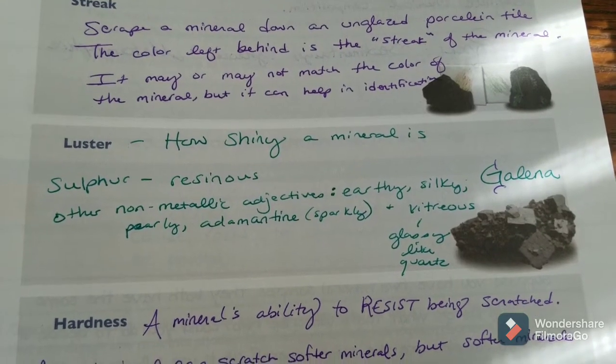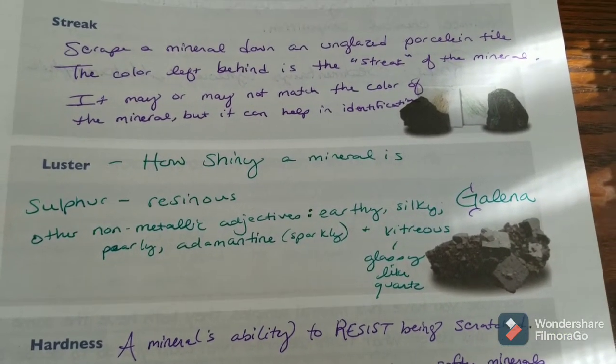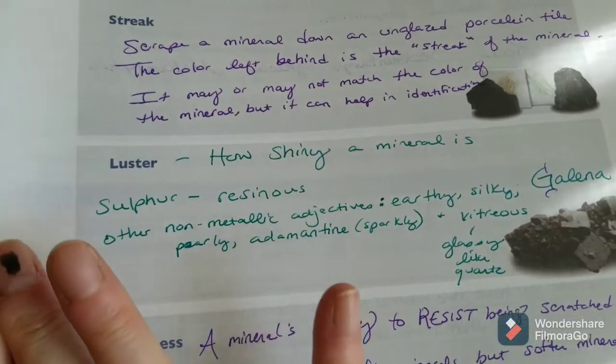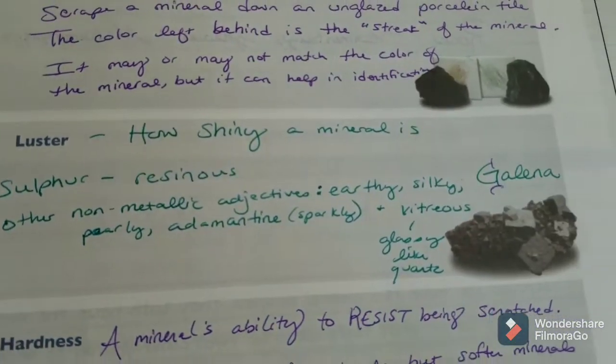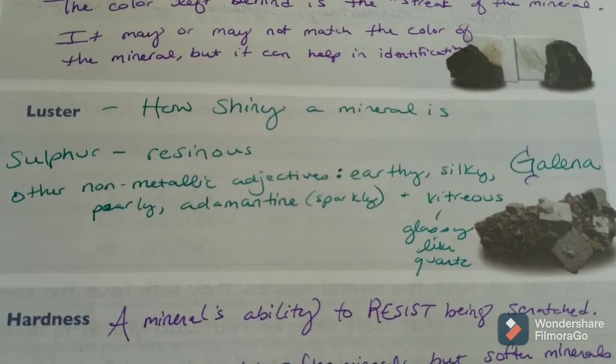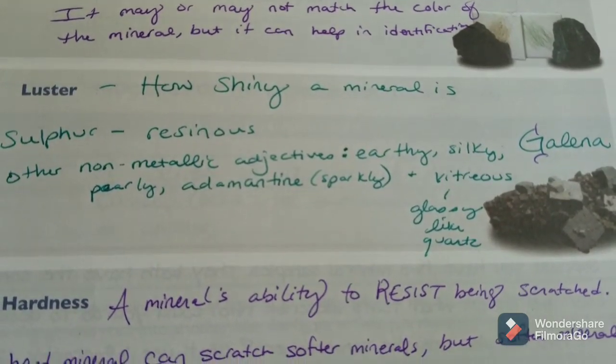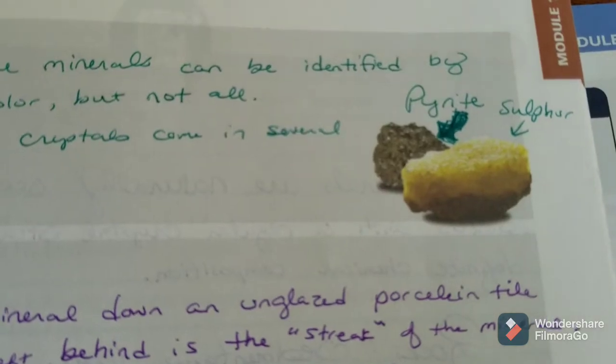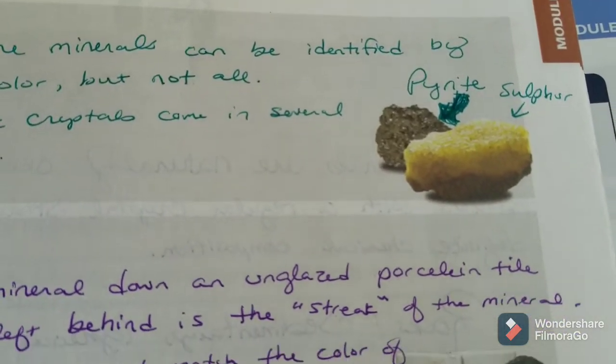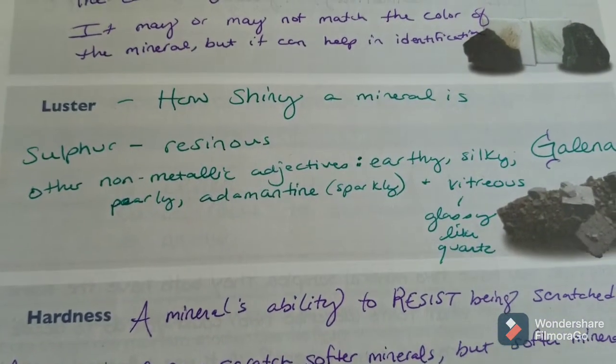Luster. How shiny is it? Sorry, I've got a little bit of sunshine and it's hard to see right there. There we go. How shiny is it? Sulfur is resinous. So here's a picture of sulfur. They call that resinous for its luster.